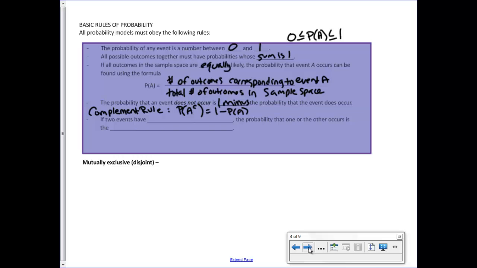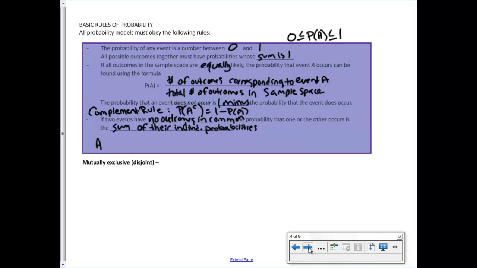If two events have no outcomes in common, the probability that one or the other occurs is the sum of their individual probabilities. And if two events have no outcomes in common, the probability that one or the other occurs is the sum of those two probabilities together. You add those two probabilities together.